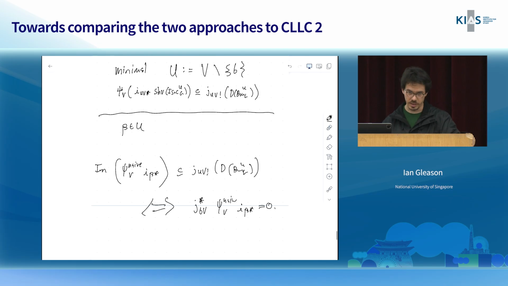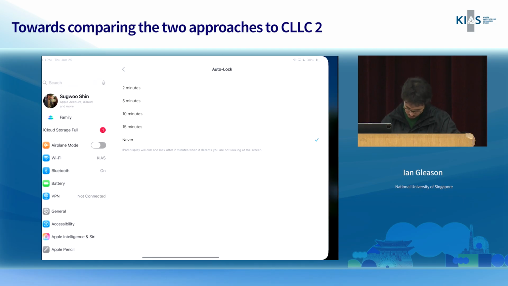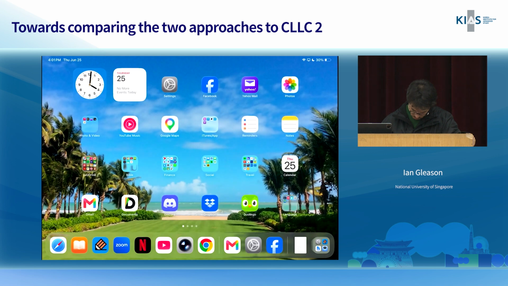Okay? And this is happening in Bun G, right? Something lands in this category, Bun G U, if and only if, when I pull back to B, this is 0, right?